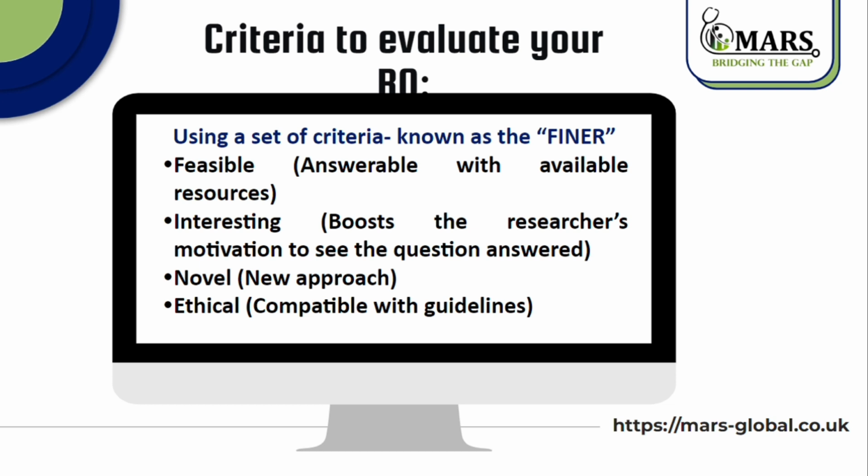This is one of the most significant considerations in making a research question, because your research question and your subsequent study must be something that review boards and the appropriate authorities will approve. Otherwise, it will be rejected. I hope you all consider this criterion very well.